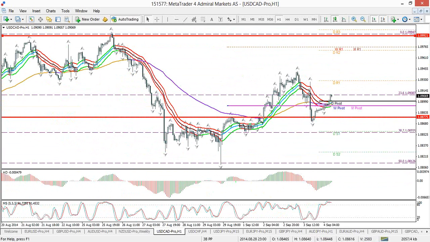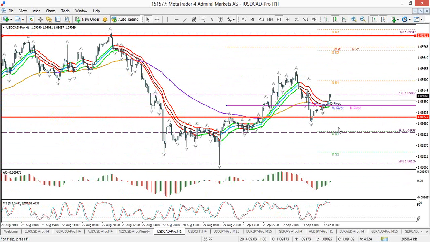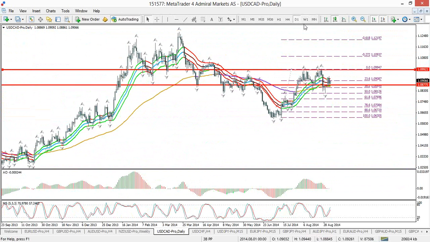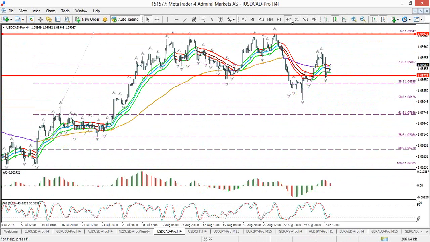And at the moment, it's still a bit of a toss-up, this dollar CAD. We are above all these pivot points. The pivot points are smack in the middle. But we are above them.